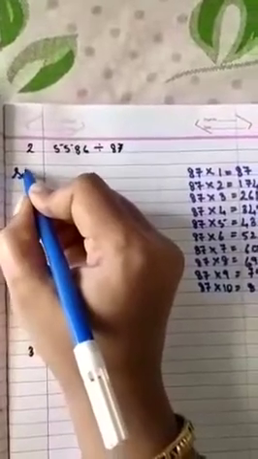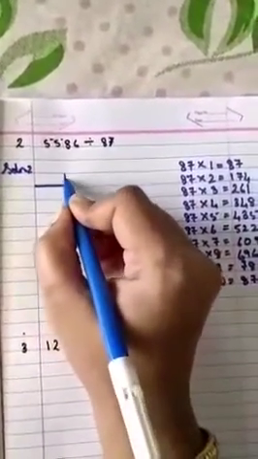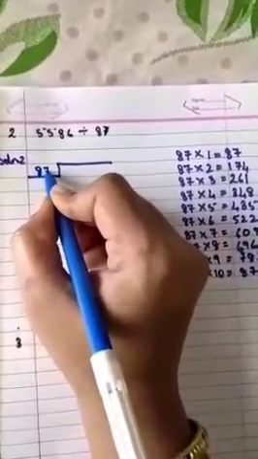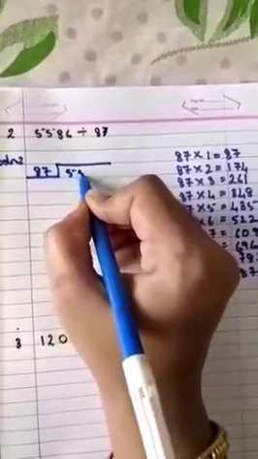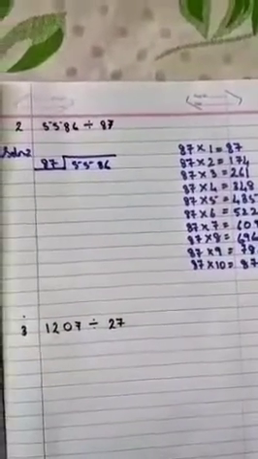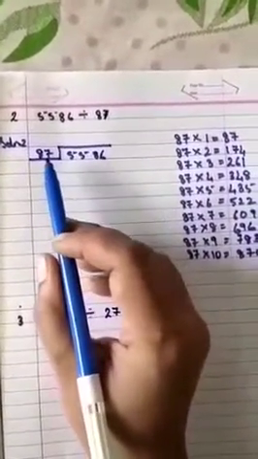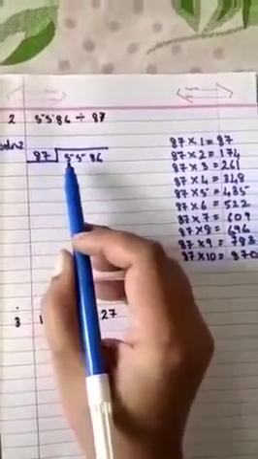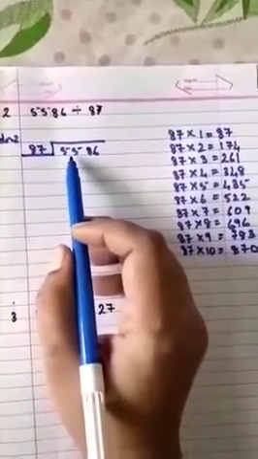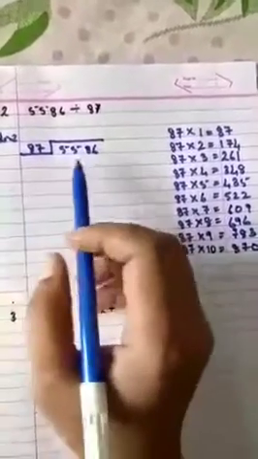Now we'll start with this sum. We'll write here solution 2. We'll make 87 and 5586. First we'll see the first two digits. Here it is 55 and here it is 87. So 55 is the smaller number, and we have to take the third digit also.